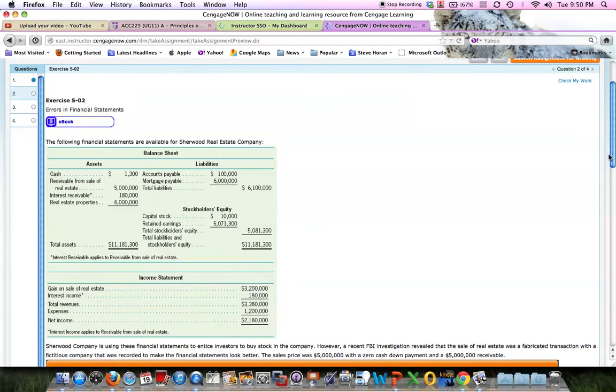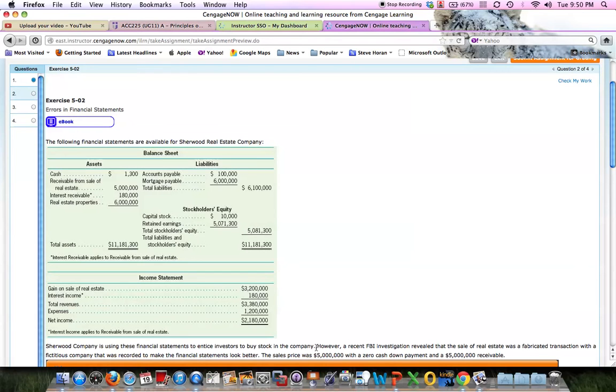And the setup of the problem is that we are given some financial statements that are basically wrong. They are intentionally falsified by the company, and the FBI has become aware of this, and there's a massive fraud being undertaken by this company regarding some real estate. The investigation has basically determined that there's a fabricated transaction with a fictitious company done to make the financial statements look better.